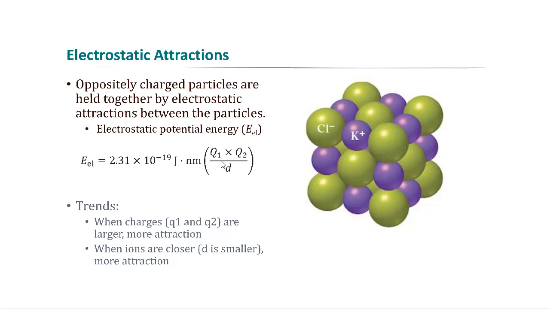Ionic size. Bigger is not better in this case. Bigger is going to mean less attractive. Smaller is going to mean more attractive. And we're going to find those substances that those smaller ions make are going to release way more energy when they form and take way more energy to break apart.